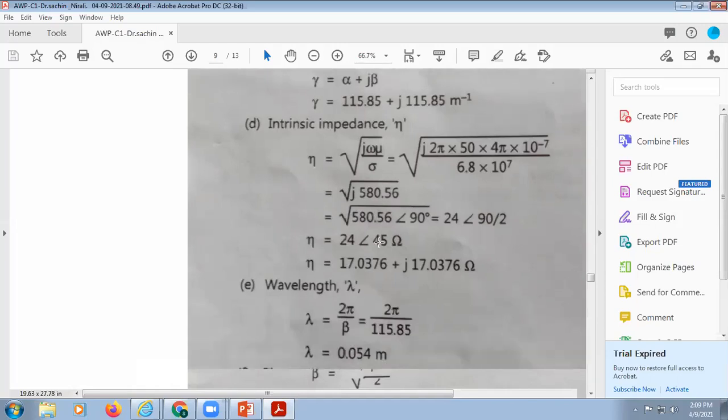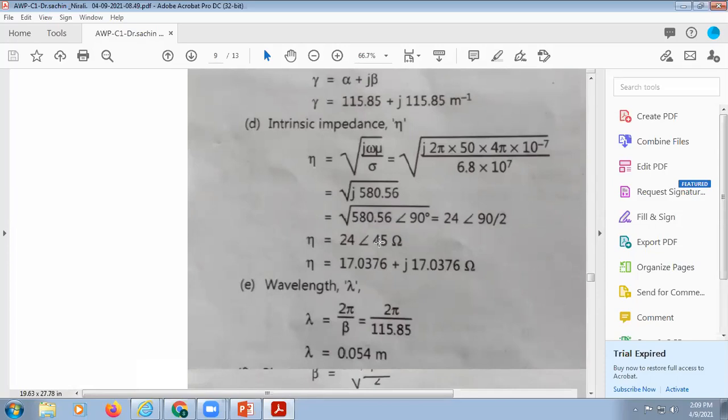Again, what you need to do, that is polar to rectangular, rectangular to polar, then you can multiply here z1 into z2 angle of theta 1 plus theta 2. In the previous case, z1 divided by z2 angle of theta 1 minus theta 2. But the vice versa case is here. Then at the final, whatever you are having in the polar, just convert into the rectangular, so you will get 17.03 plus j 17.03 ohm.